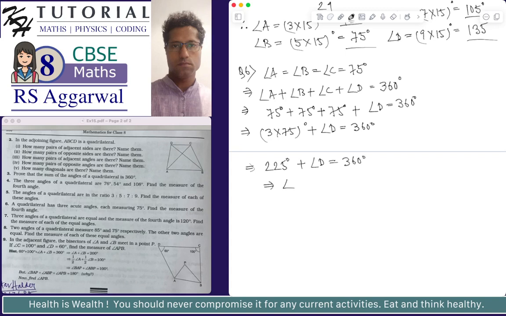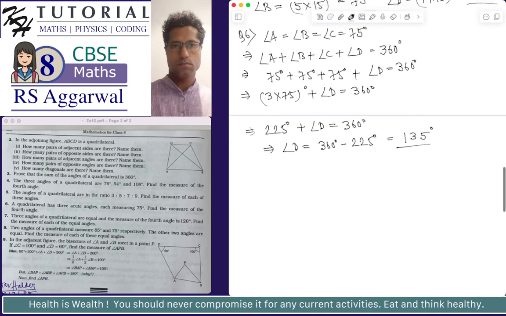This implies angle D is equal to 360 degrees minus 225 degrees, which is equal to 135 degrees. So the fourth angle is 135 degrees. Let me check the answer. Question number 6, it is 135 degrees. Okay.